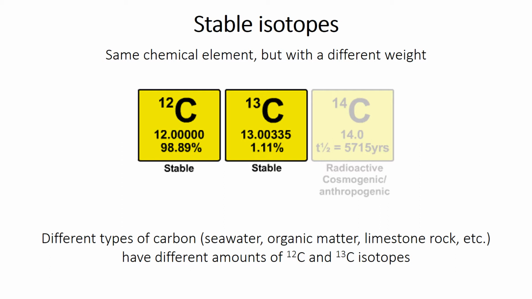All the isotopes are carbon, but they have different weights. And you've learned before that this different weight makes different isotopes behave in different ways in chemical reactions. But for our purposes, what's really important is that various types or sources of carbon end up with different amounts of carbon-12 and carbon-13 isotopes, and that will become really important.